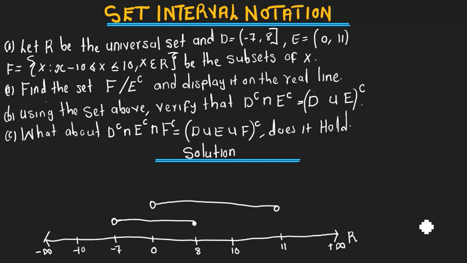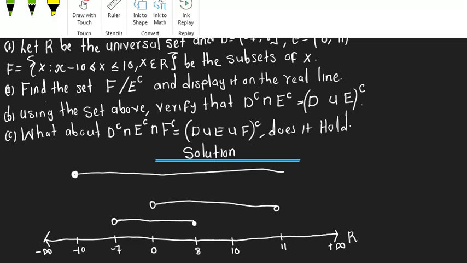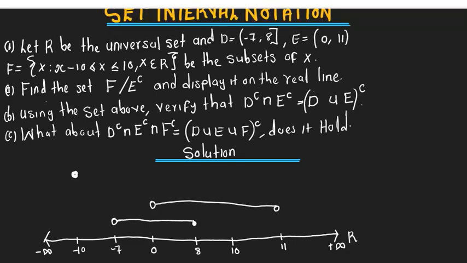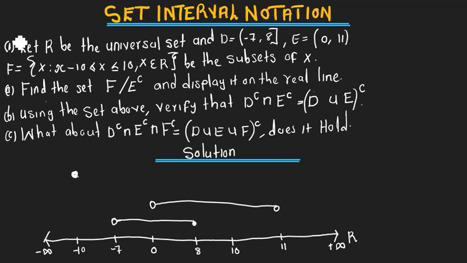And then F is a set from negative 10 included, so negative 10 is going to be included, and then it is going to go all the way to 10. It was supposed to go all the way to 10, so I'm going to take it all the way to 10, like that, included.